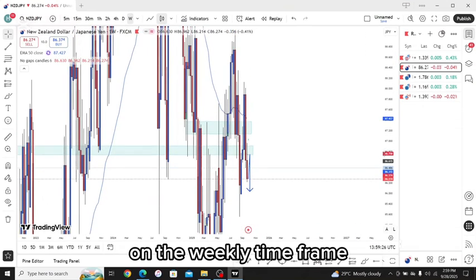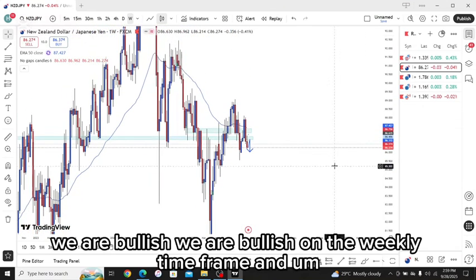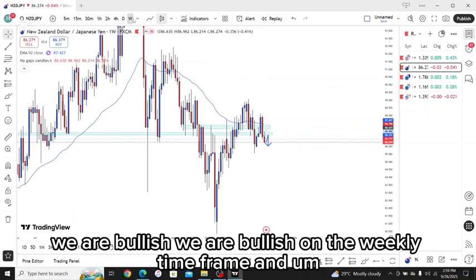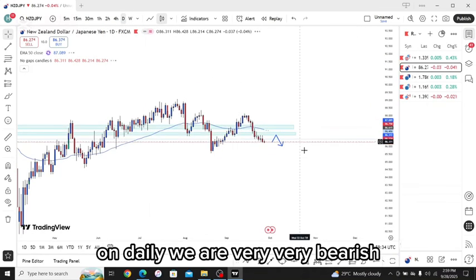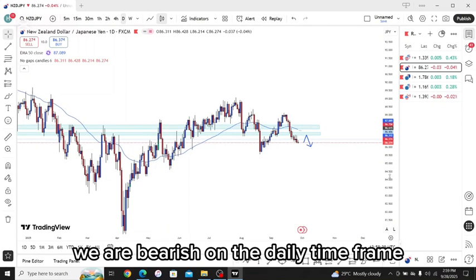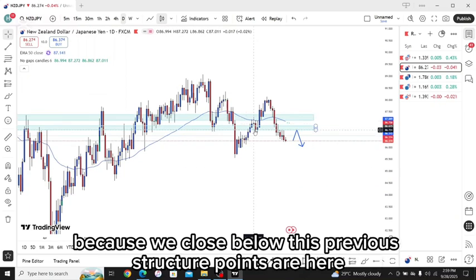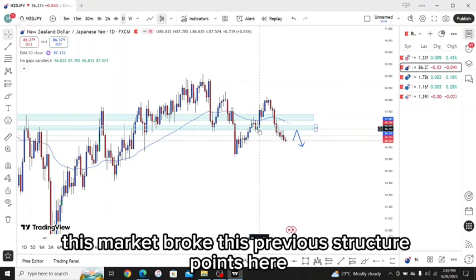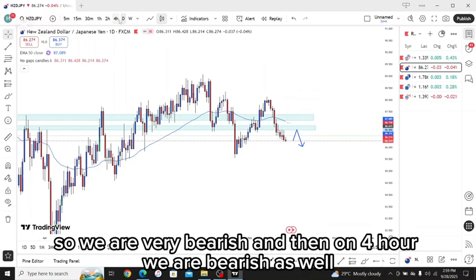On the weekly time frame, we are bullish, and on the daily, we are very bearish, because we closed below this previous structure point. This market broke this previous structure point here, so we are very bearish.